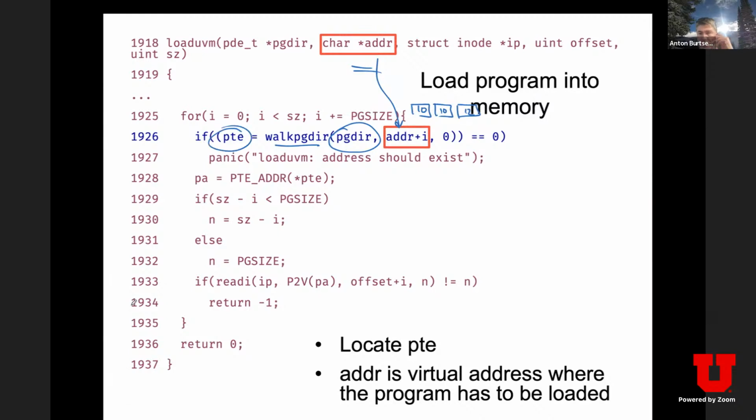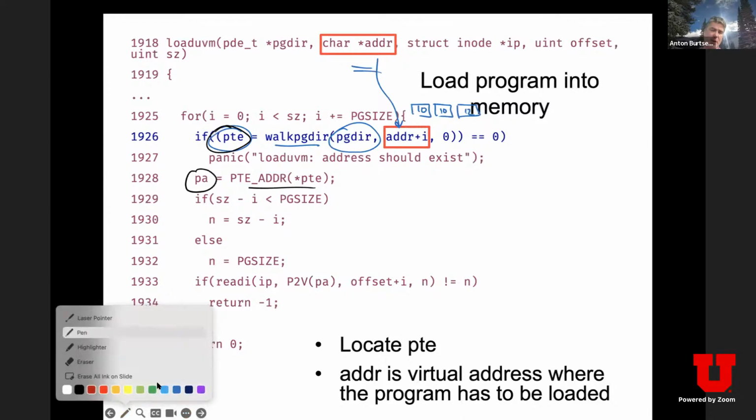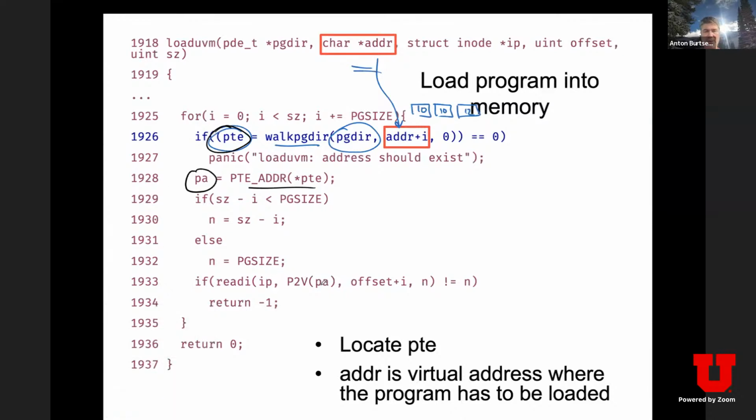It's a physical address, because it's effectively a pointer to a physical address, right? In my color scheme, I should circle it black. Then I will take the actual address, I will just mask the flag bits with this PTE_ADDR macro. We'll get the physical address, right? I know that this physical address is mapped in a green address space, right? And effectively what I'm going to do here is take this and turn it into my green address by using P2V, right?